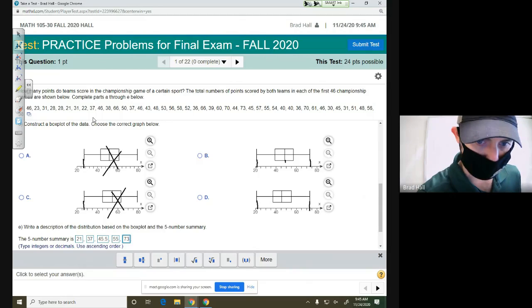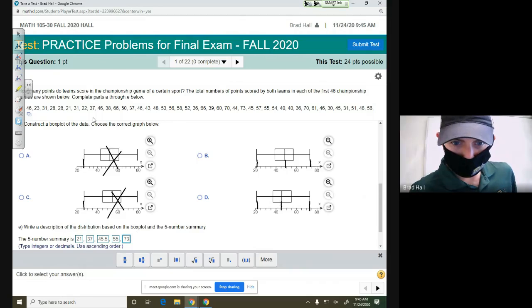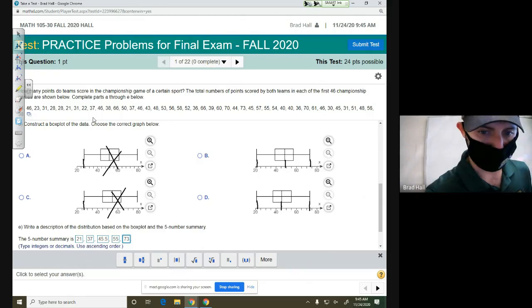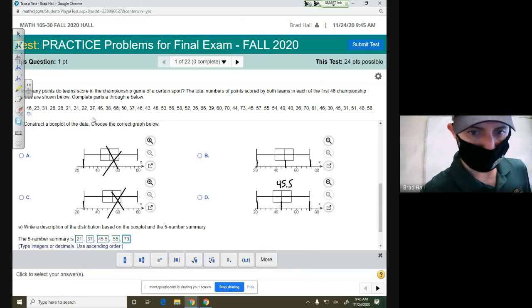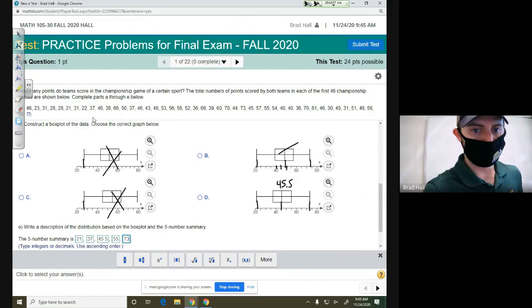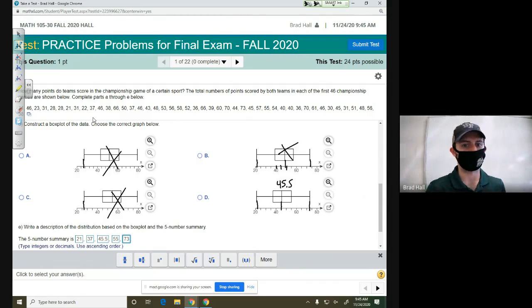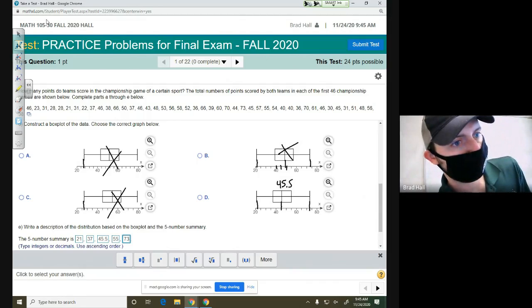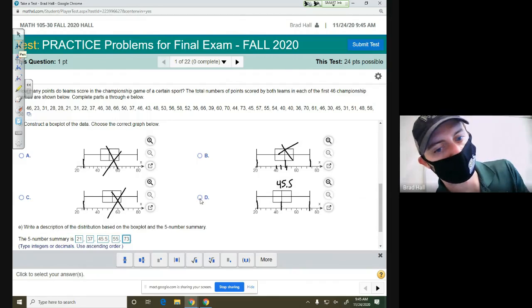So what about the median? That's my next question. The median was 45.5. So that's 40, 45, and 50. So this one has an incorrect median. It has to be answer choice D, because each vertical line needs to match up.